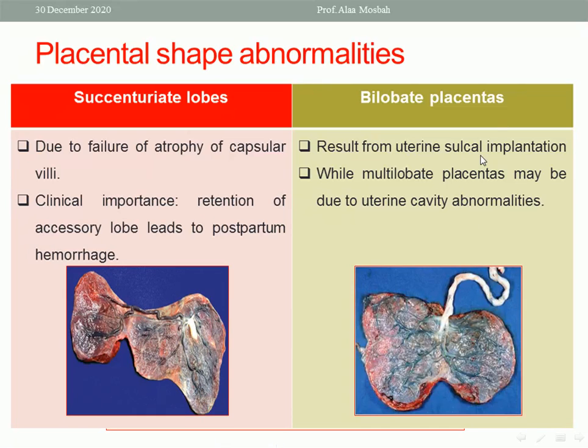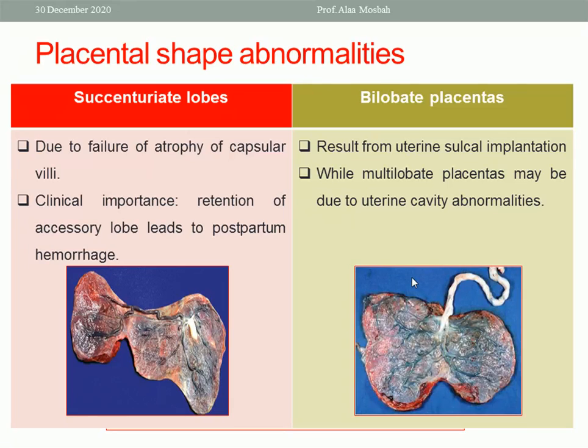The other abnormality is bilobate placenta, which occurs when implantation occurs at the sulcus, at the border of the uterus, right or left. So it simulates that the placenta is divided into two parts, so we call it bilobate placenta.